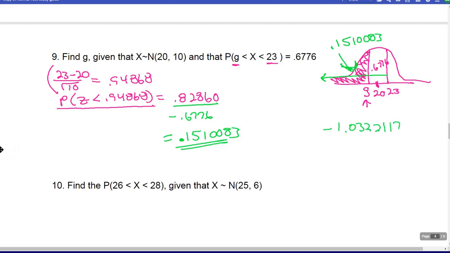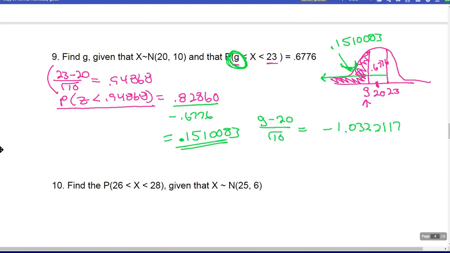All right. Now, keep in mind, we just found the z-score. We've got to take this G and make it into a z-score. So what's that going to look like? That's G minus 20, divided by the square root of 10. So now how do I get the G by itself?